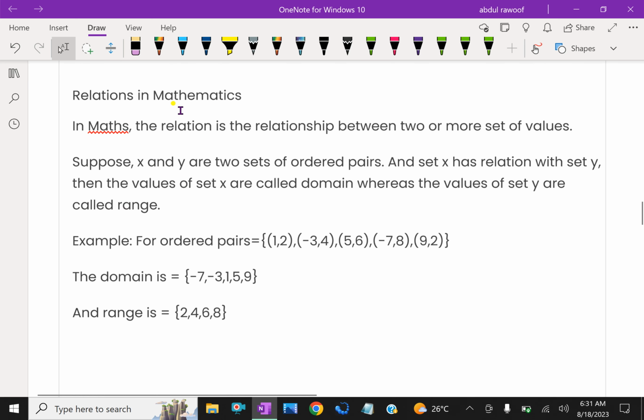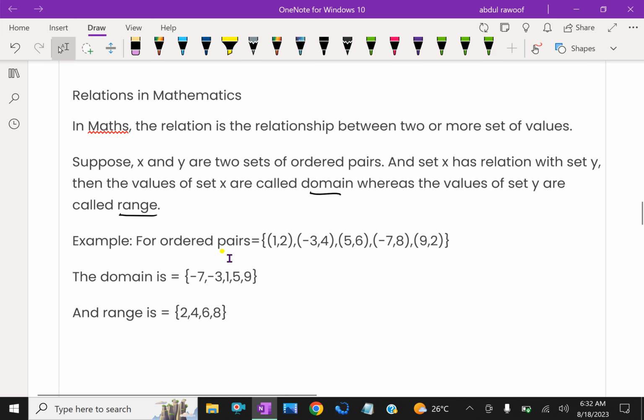In math, a relation is the relationship between two or more sets of values. Suppose X and Y are two sets of ordered pairs and X has a relation with Y. Then the first values, the values of set X, are called the domain, whereas the values of set Y are called the range.